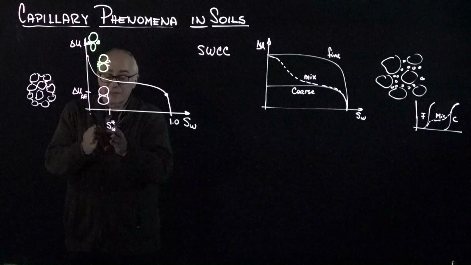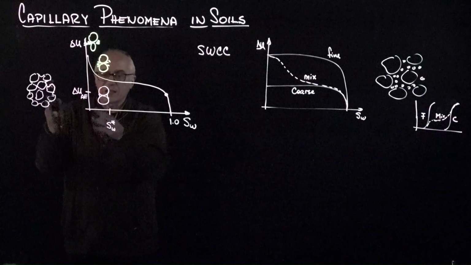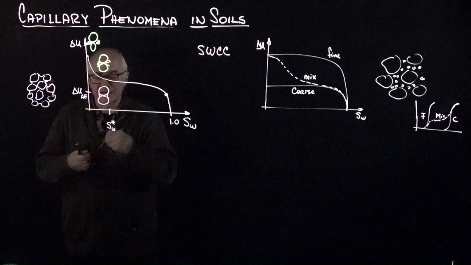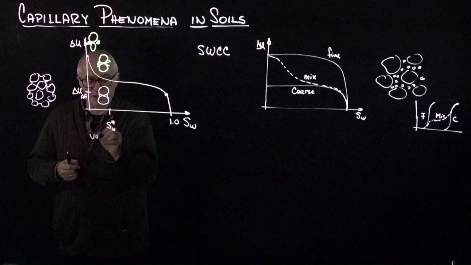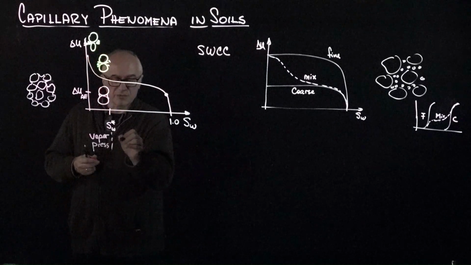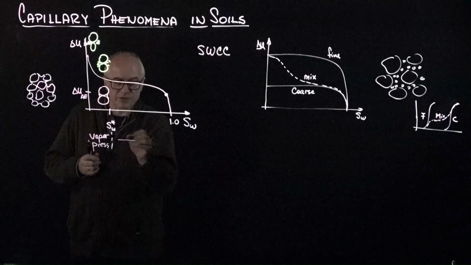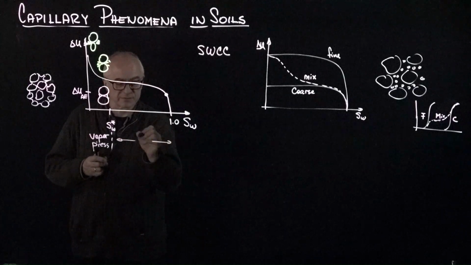That means that if the water is not continuous anymore in this lower end, all the communication between the water and menisci will happen through the vapor pressure. While in this regime, all the communication and the homogenization of pressures is happening through the continuous water phase.